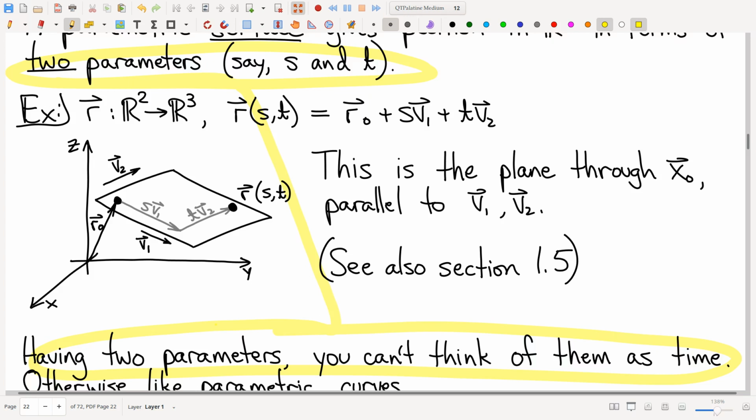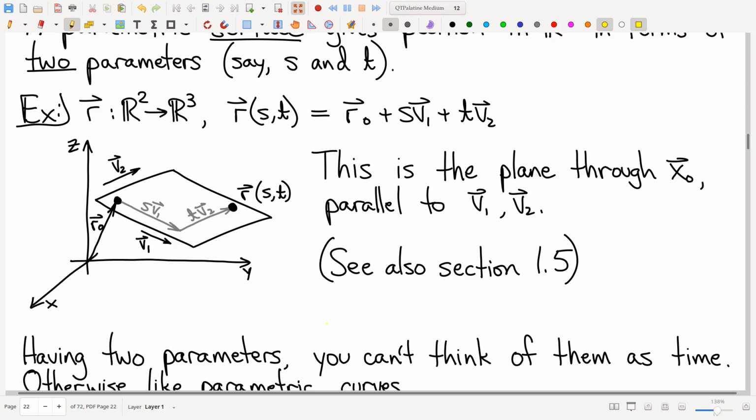We don't have in our brains this idea of having two independent notions of time. I think that'd be a pretty weird science fiction movie. I'd probably watch that movie. I probably wouldn't understand that movie, though. It's not a particularly helpful metaphor. So we have to jettison this idea of thinking of the parameters as being time. But, oh well, everything else is pretty analogous.